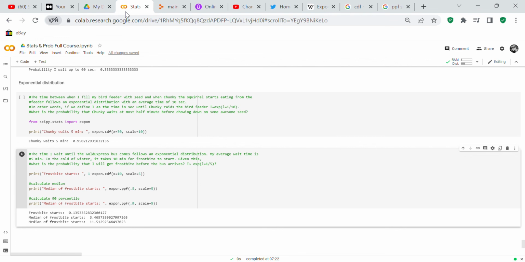Then the next question is calculate the median, and that's expon.ppf 0.5, which is 50%, and scale equals 5. And they gave you an answer of 3.465735902, which is the same that you got in R. And the next one is calculate the 90th percentile, and the answer is expon.ppf 0.9, which is 90%, and scale equals 5, and that gives you a value of 11.5129254.